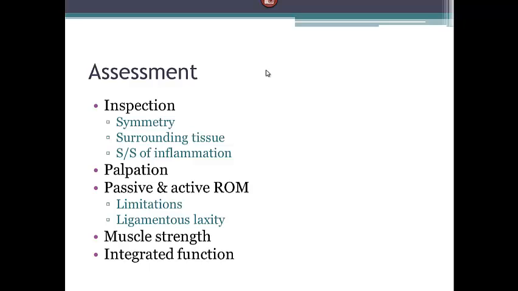Do you see any sign of inflammation such as swelling? Do you see redness? Palpation-wise, it could delimit if the patient has crepitus, a crunching sensation, if the patient has redness, if it's tender to passive range of motion. Muscle strength and muscle tone also could be delineated in palpation.